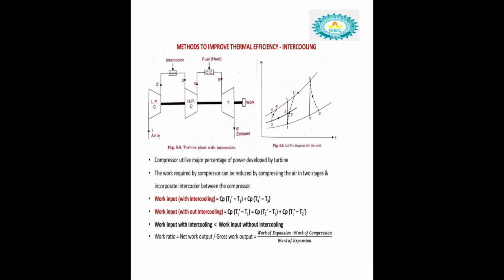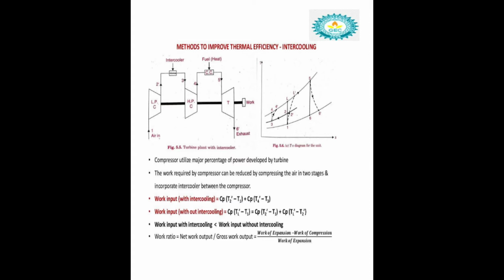First one, intercooling. See the diagram. This diagram contains two compressors and one turbine. Of the two compressors, one is a low pressure compressor and the second is a high pressure compressor.